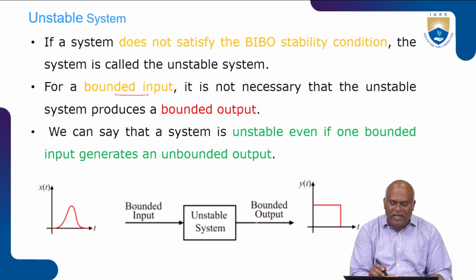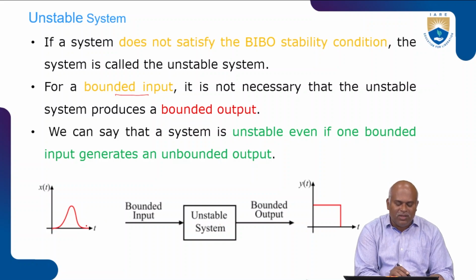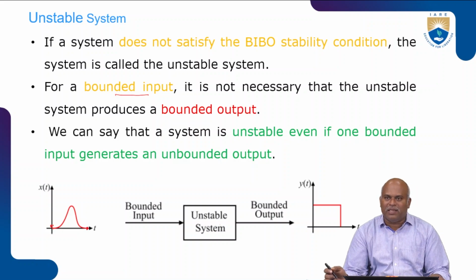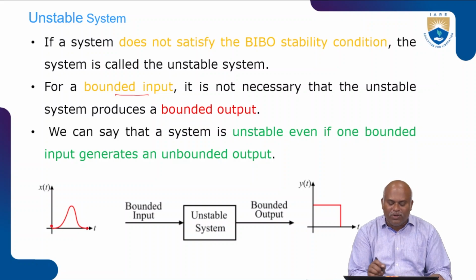For example, I take the same kind of system and the same kind of input. The system is represented as an unstable system. The input starts at 0 and finishes after some duration. The output starts at 0, but it is not possible for it to finish after some duration.